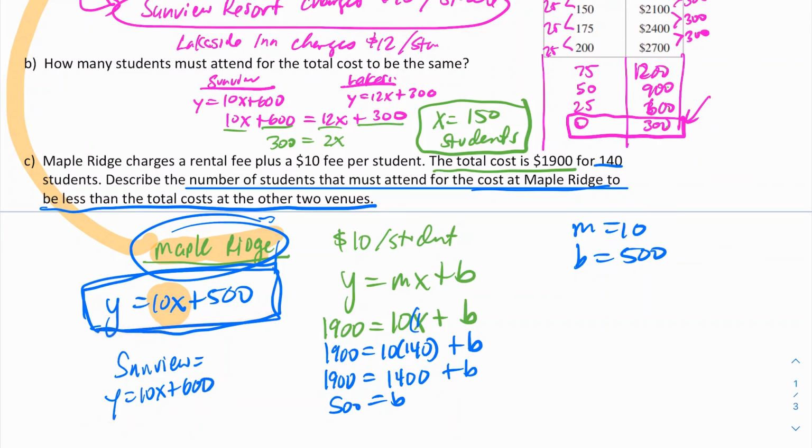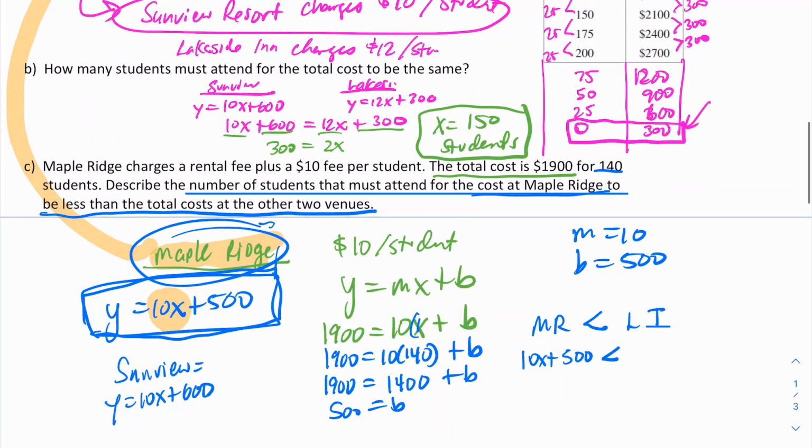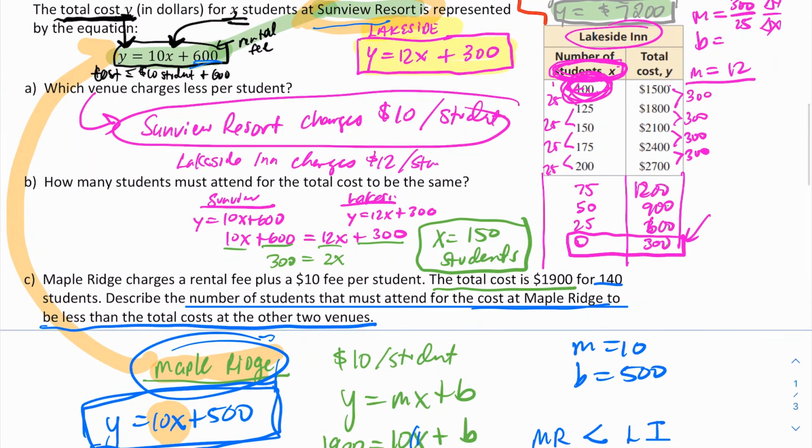Now I just need to see how I can make Maple Ridge less than Lakeside Inn. So Maple Ridge is 10x plus 500. I need that to be less than Lakeside Inn, and Lakeside Inn is this one, 12x plus 300.